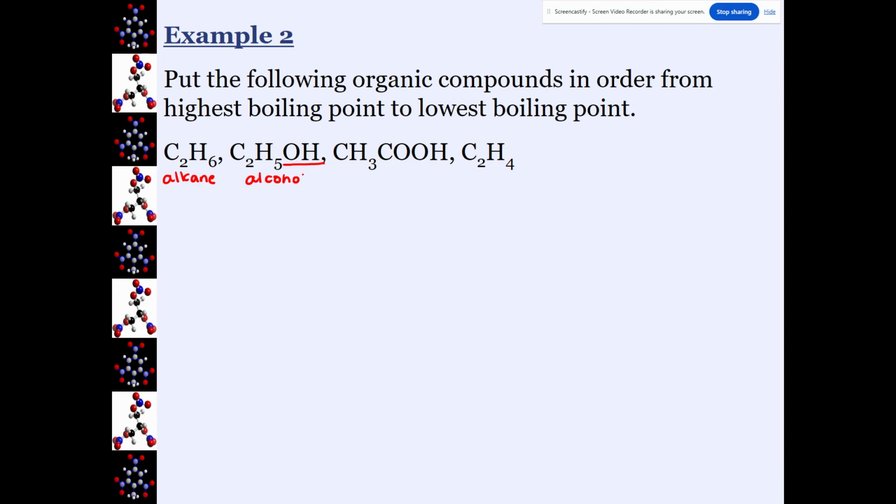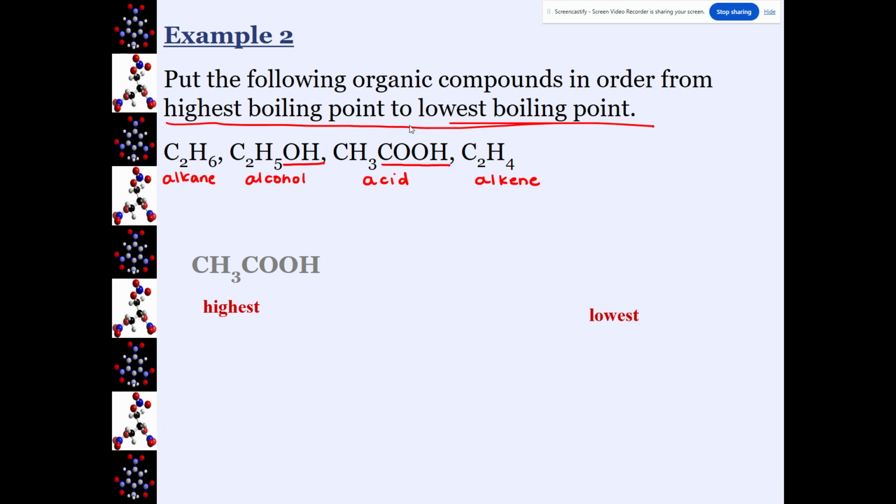If you have OH written in your compound, that is an alcohol. That is the hydroxyl functional group. If you have COOH written in your molecule, that is the carboxyl functional group, making that a carboxylic acid. And then the last one, I only have double the hydrogens of carbons. That is an alkene. Okay, so ordering these from highest to lowest, again, my acid would be the first, the CH3COOH.